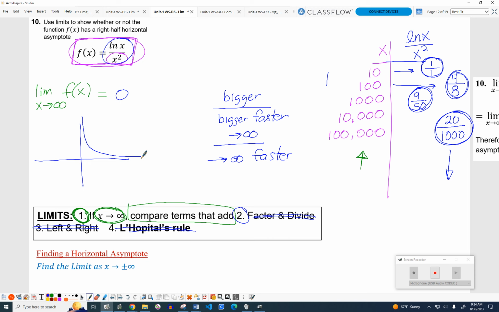So how do you know that it's getting closer to 0 and not negative? Oh, none of them are negative. They're all positive numbers, because the natural log of a number that gets bigger and bigger and bigger is positive. You just have to memorize that. x squared is for sure positive, with x's that are positive, any x.